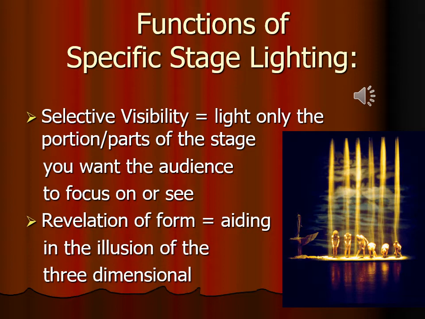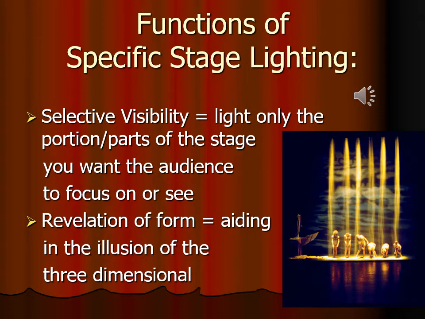Revelation of form is when a lighting designer is using the location and where the light is focusing on actors, on set pieces, to make it look more three-dimensional, to add depth to the stage areas. That's called revelation of form.